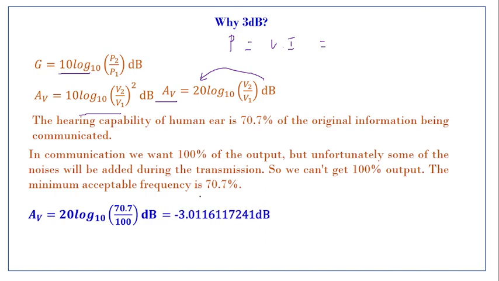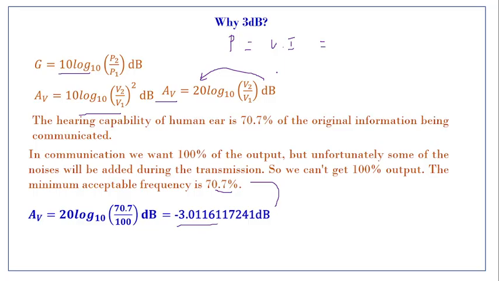How could it be 70.7? If I convert 70.7 into dB using the voltage gain AV equal to 20 log to the base 10 of 70.7 out of 100, we'll be getting minus 3.011 dB.